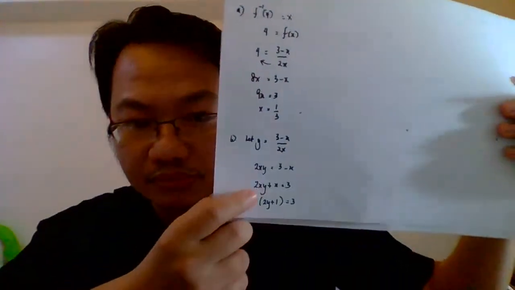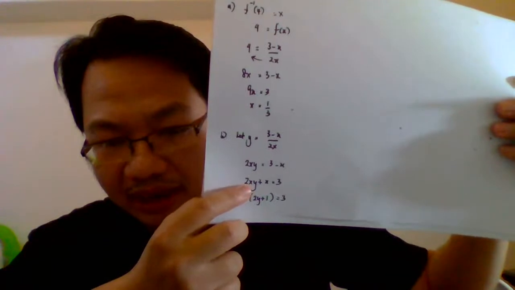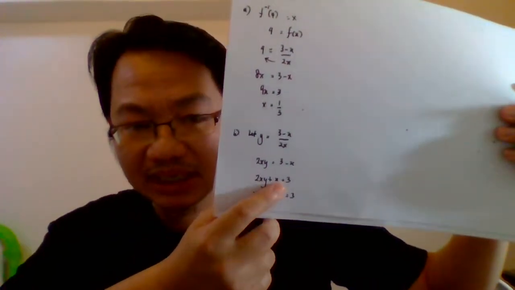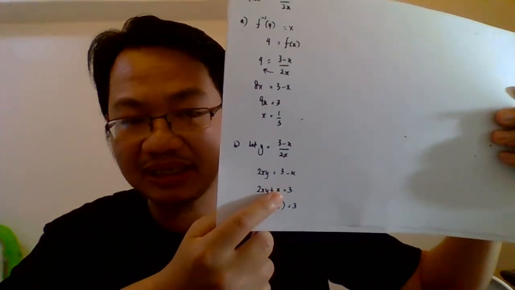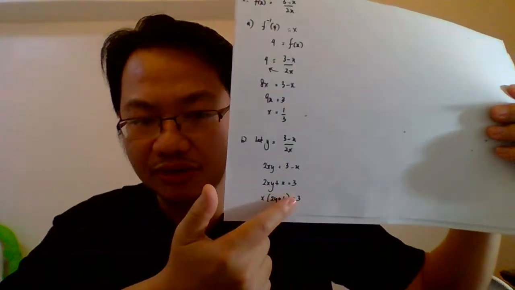So what happens now? It will become X times (2Y plus ...). You factorize X here, you take out X, so what is left here? 2Y plus, with this X taken out, what is left here? 1. Equals to 3.